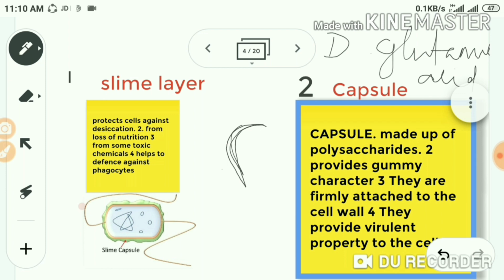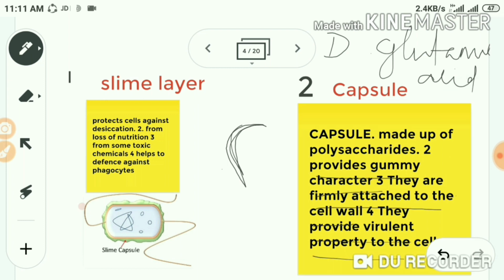Okay, then let's see what are the important uses of the capsule. This structure helps the bacteria to get resistance against antibiotics in the host cell. It is not that capsulated bacteria are resistant to all antibiotics, but when compared to non-capsulated bacteria, they have higher resistance.